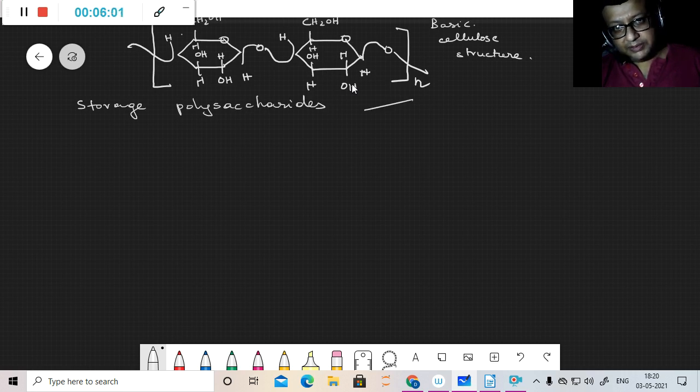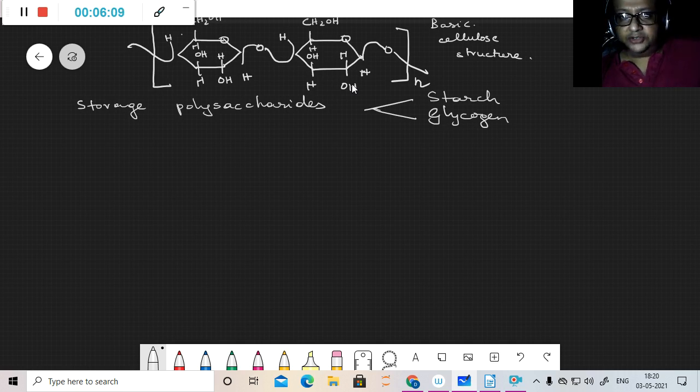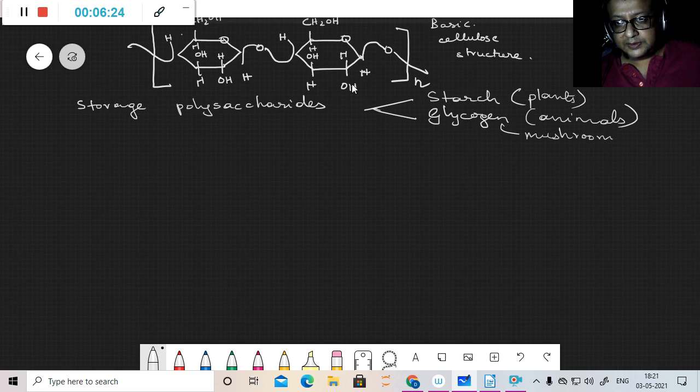Most important among them are starch and glycogen. Essentially they store your reserve extra glucose over here. Starch is basically in plants, glycogen is in animals. You can find glycogen in mushrooms also. So let us look at the structure first.